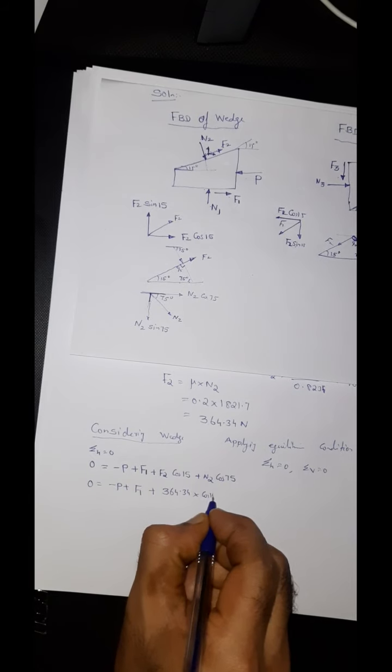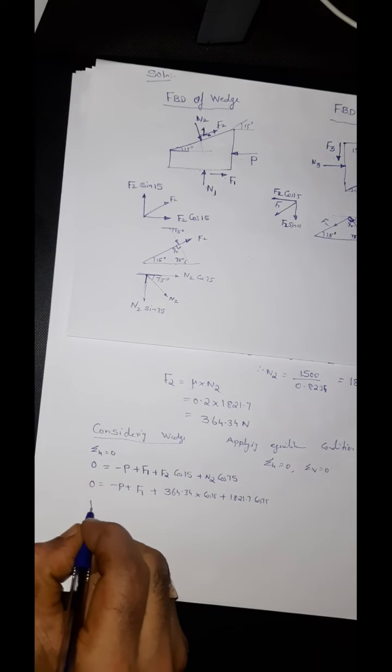Right? 0 equal to minus P plus F1 plus F2, you know the value, 364.34 into cos 15 plus N2 value, you know, 1821.7 into cos 75.